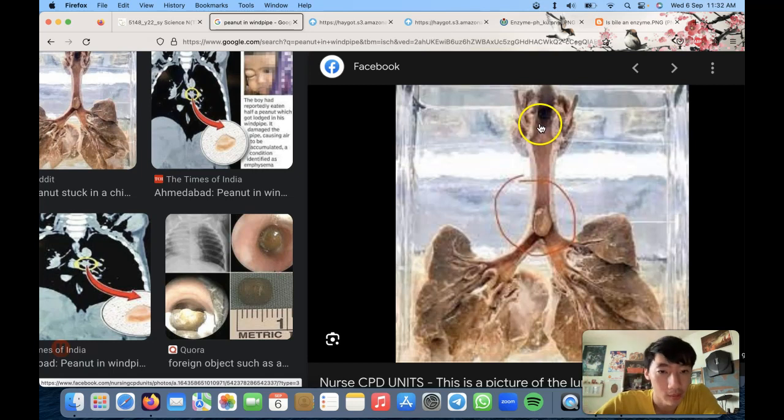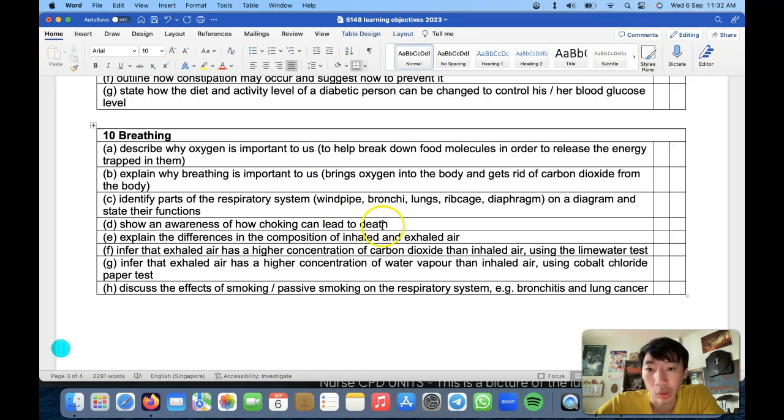To describe this, the food particle will block the windpipe and prevent air from entering or exiting the lungs. Therefore, the person will not have enough oxygen and would suffocate to death. We know that if there's no oxygen in your body, you suffocate to death. This is why choking can lead to death through suffocation.